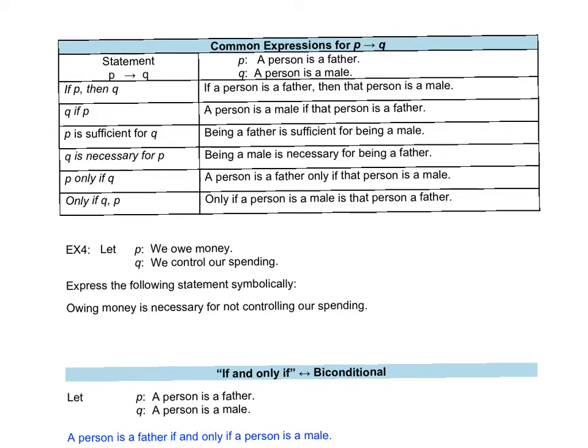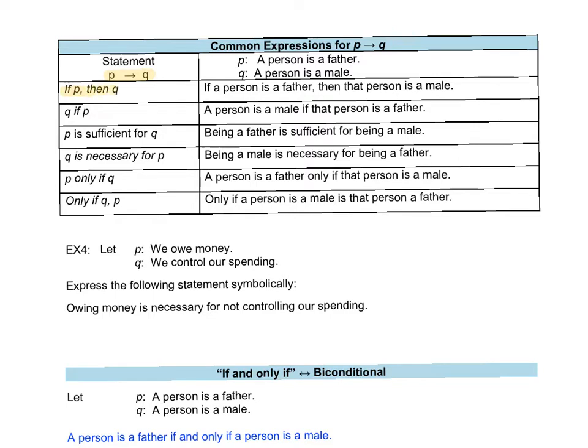In this table, we have some other ways that you could see an if-then statement. So remember, symbolically, every one of these examples would be a P arrow Q, or if P, then Q. Let's say P is a person is a father and Q is a person is a male.